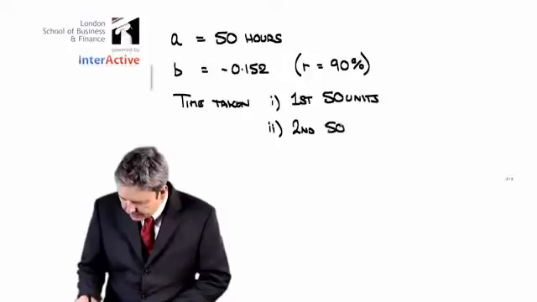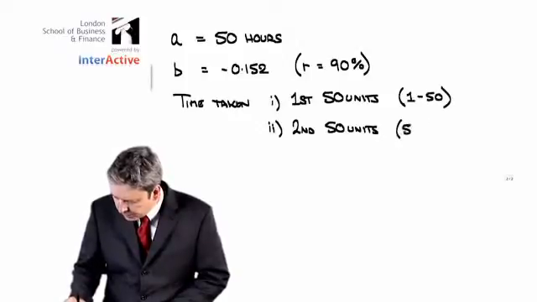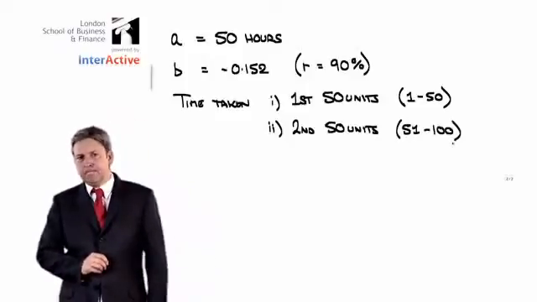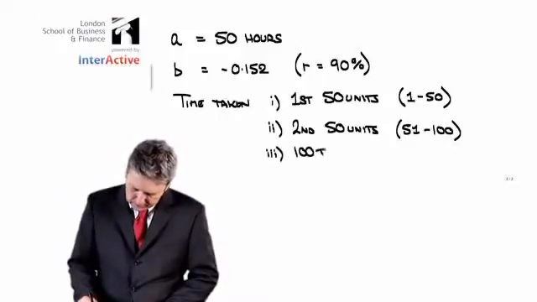The second 50 units. If you wish, the first 50 units will be units 1 to 50, and the second 50 units will be from unit 51 to 100, just to make it absolutely clear. And the time taken for the 100th unit.